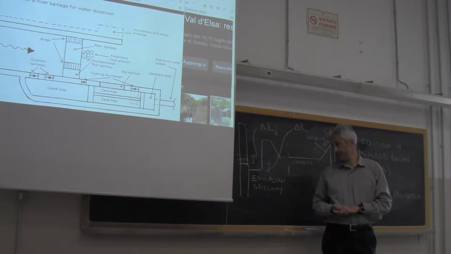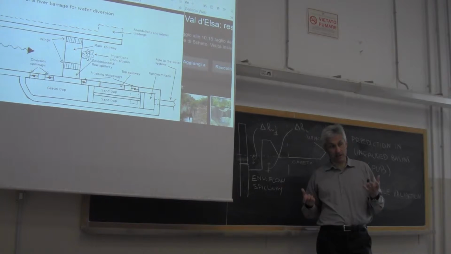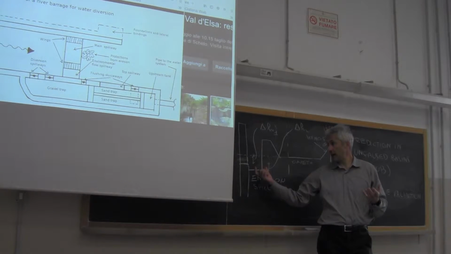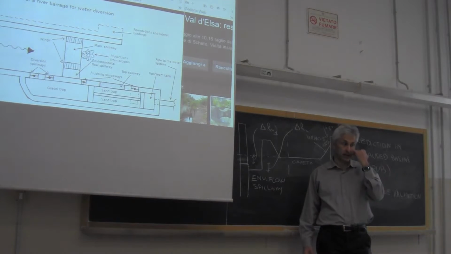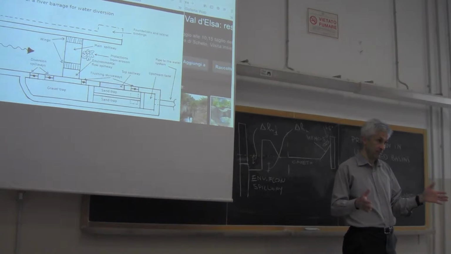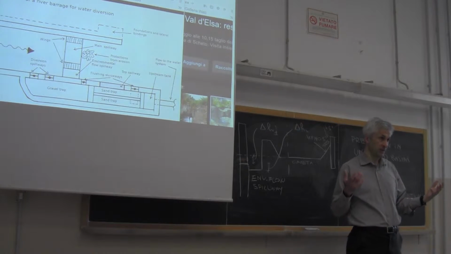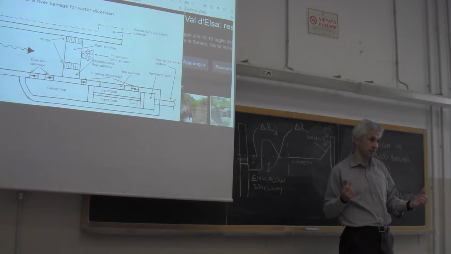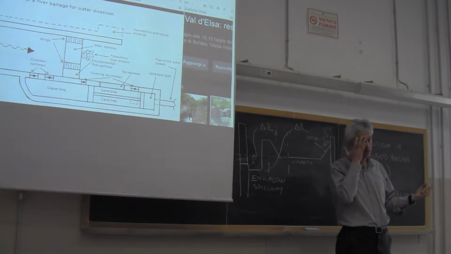Keep in mind that some administrations don't allow you to put any gate on the environmental flow spillway, because they want to make sure that nobody can close it. Because it's clear that water users have an interest in maximizing the withdrawal and minimizing the environmental flow.